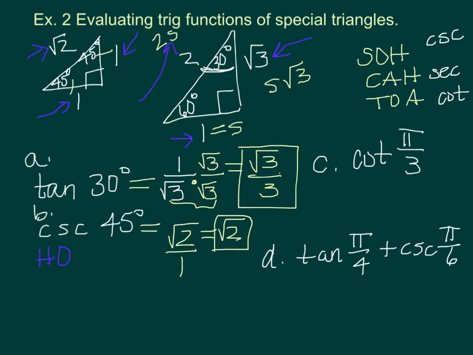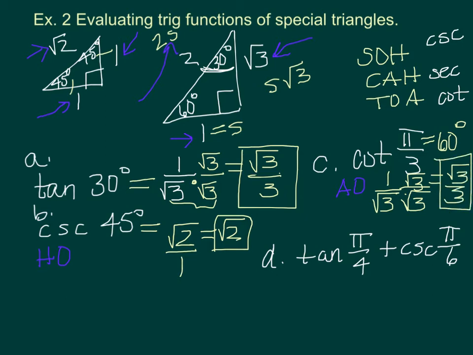Pi over 3, that is 60 degrees. So go to your 60-degree triangle. Cotangent is the reciprocal of tangent, adjacent over opposite. So adjacent to 60 is 1. Opposite would be radical 3. Don't forget to rationalize it. So you're going to get radical 3 over 3.